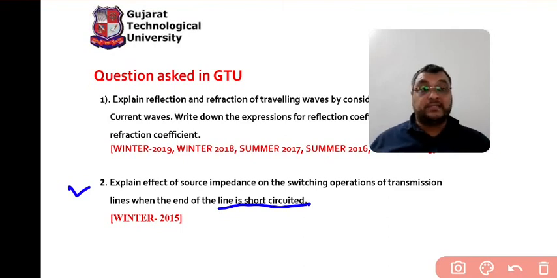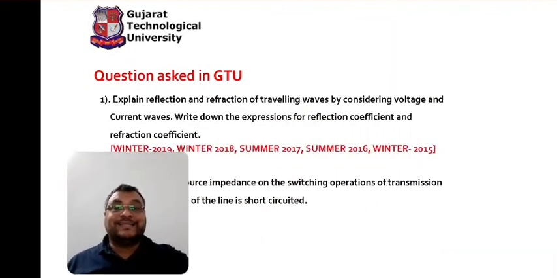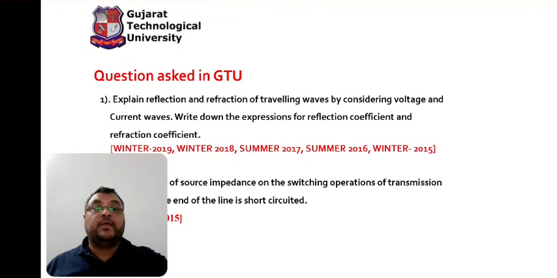Such questions are asked in the GTU examination, and you can see this is repeatedly asked throughout from 2015, every time. So it is a very important question and answer that you have to prepare for your examinations. Okay then, thank you.